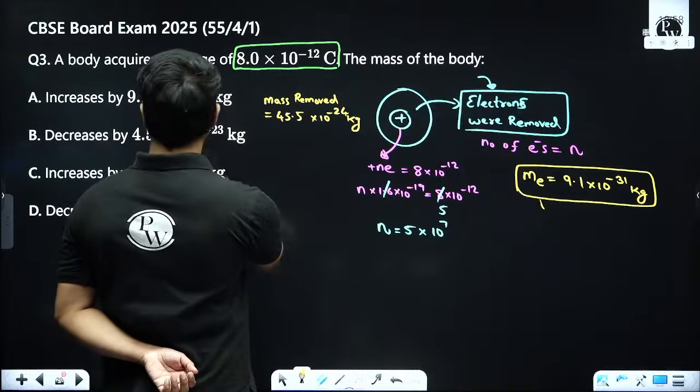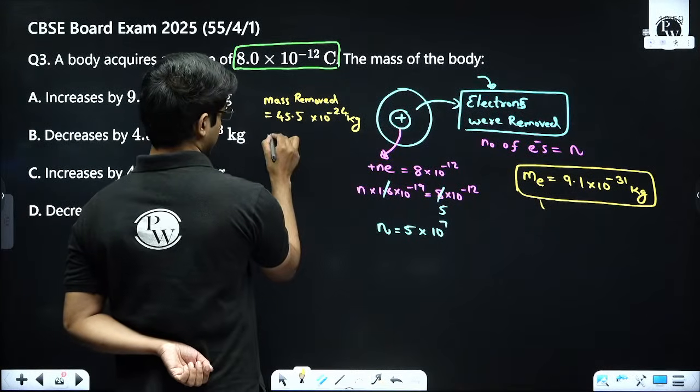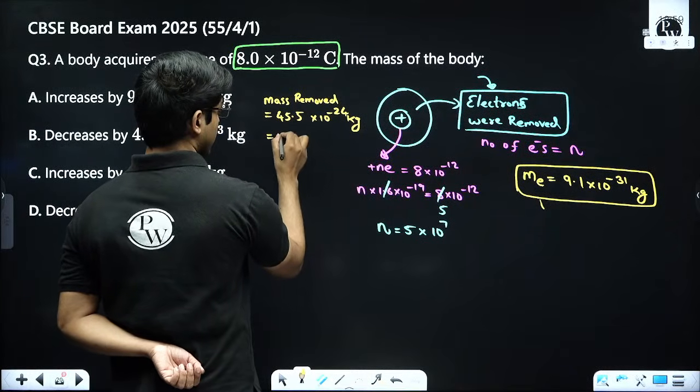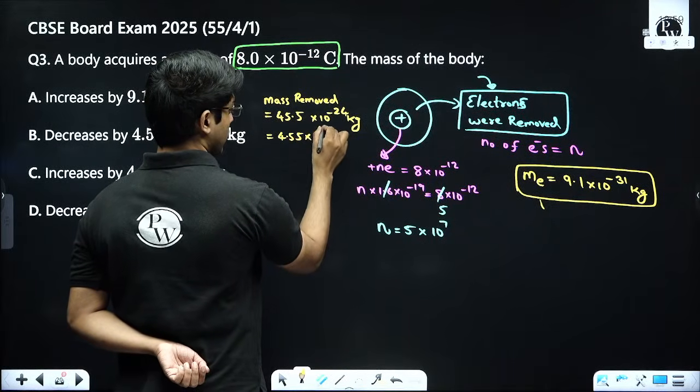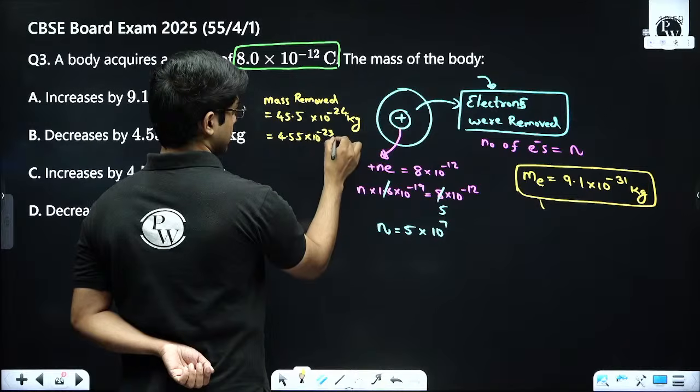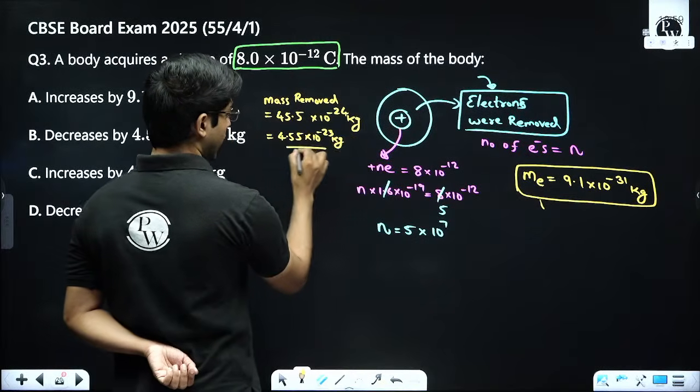So which option matches? Option B. So if we divide, this will be 4.55 into 10 raised to minus 23. So this is the amount of mass.